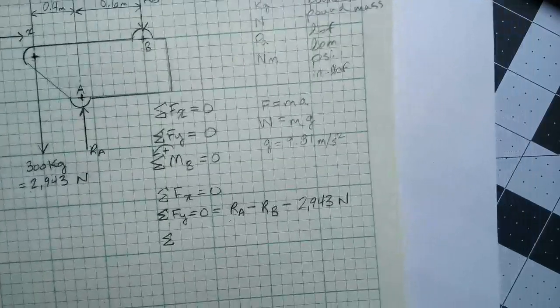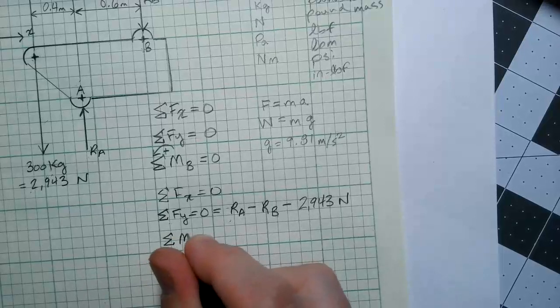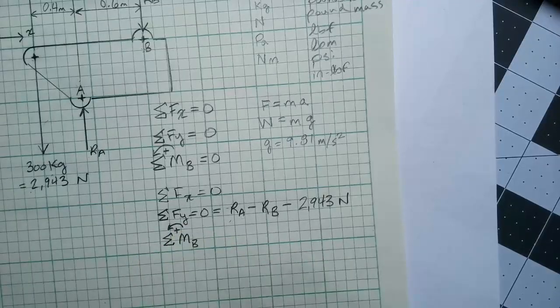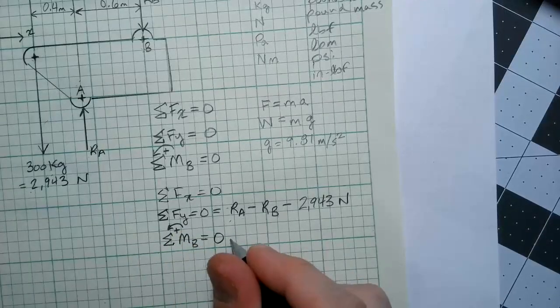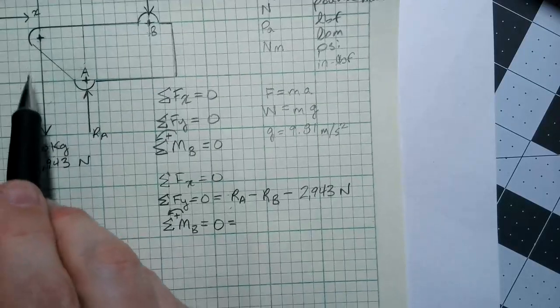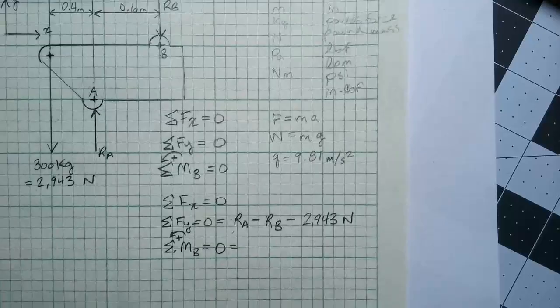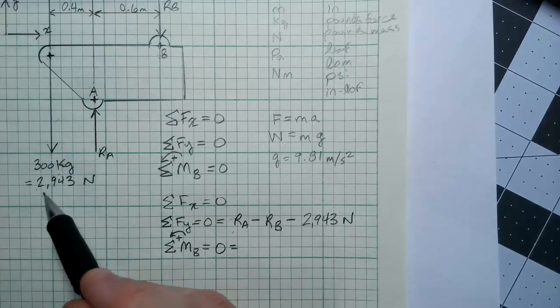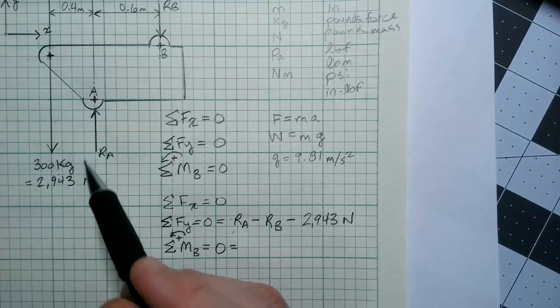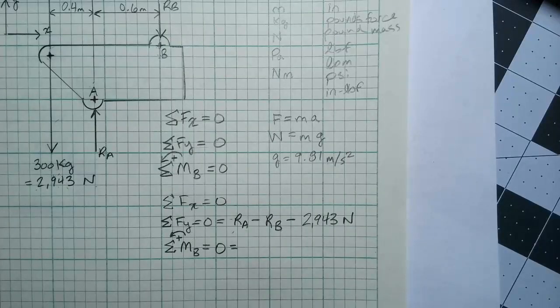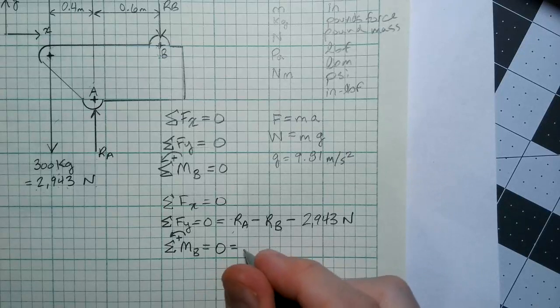Now the sum of the moments about point B, with counterclockwise being positive, equals 0. And what does that equal? Remember, we talked about it earlier. The 300 kilogram load, which results in 2,943 newtons, is trying to twist counterclockwise around B. So that would be positive, and like I say, I like to put my positive forces or moments first in the equation, so we'll write that out.